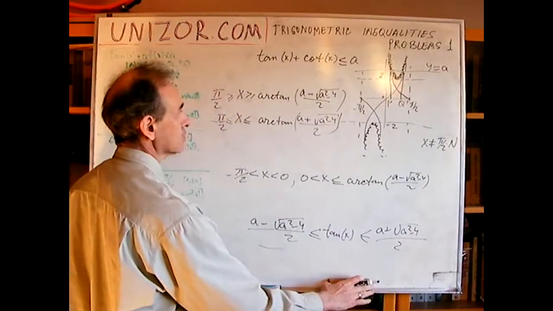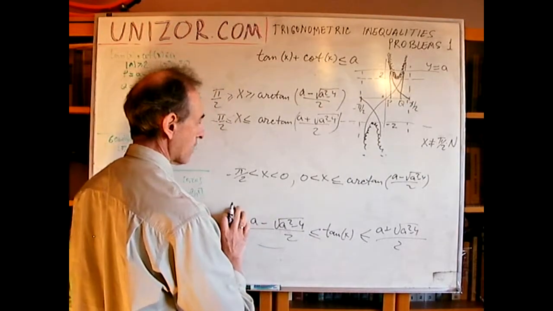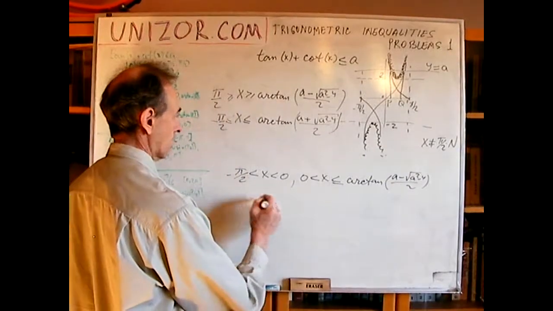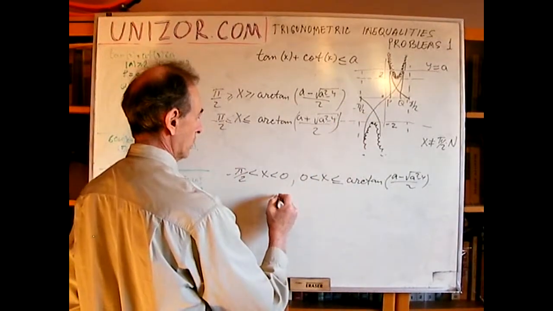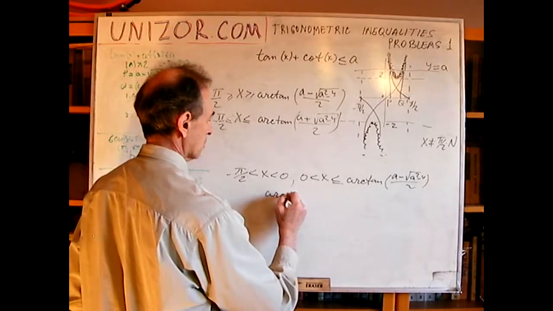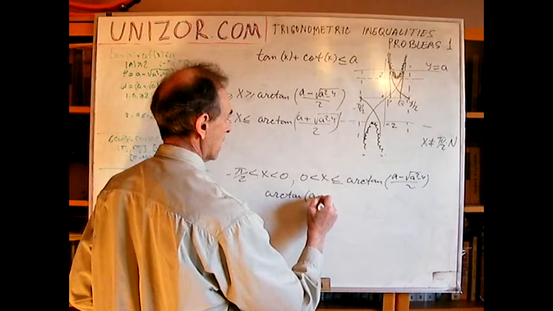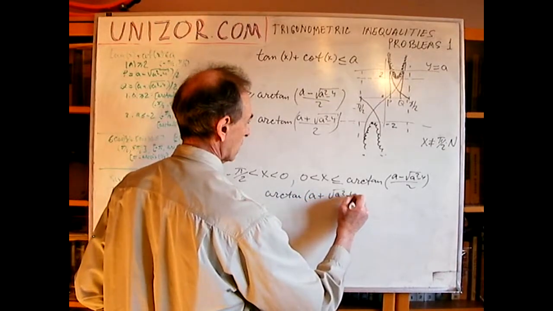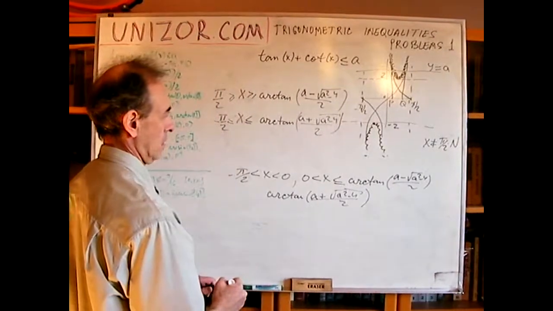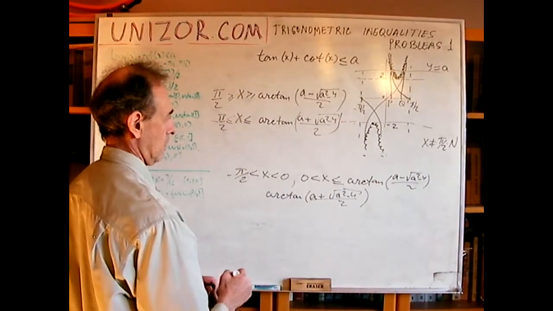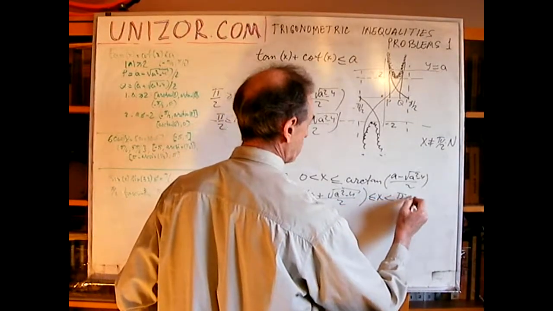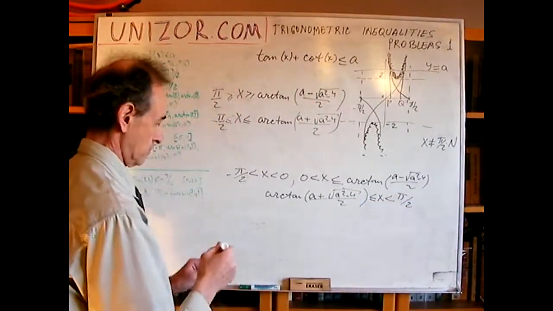And in addition to that, we have another interval from arctangent of a plus square root of a squared minus 4 over 2 to pi over 2. So that's what we have, right?